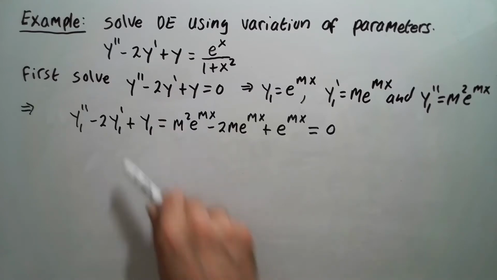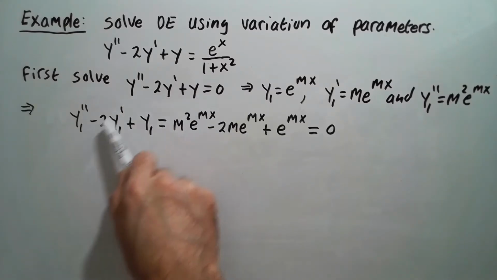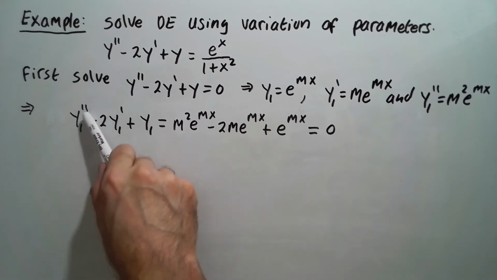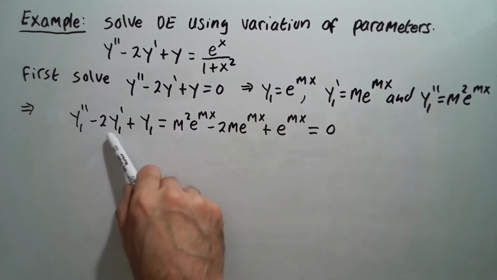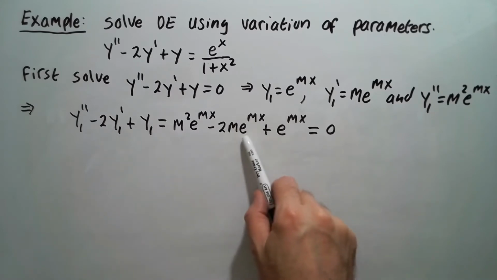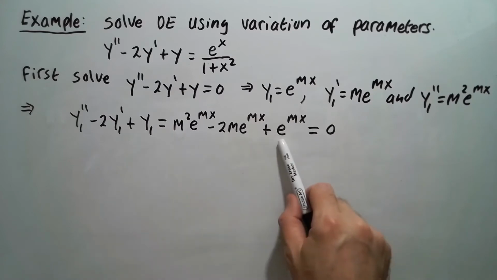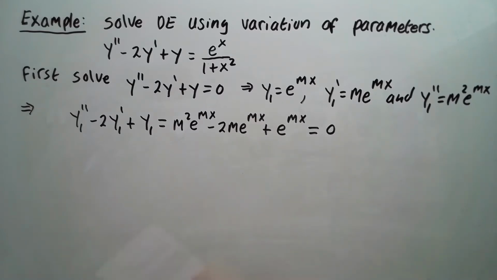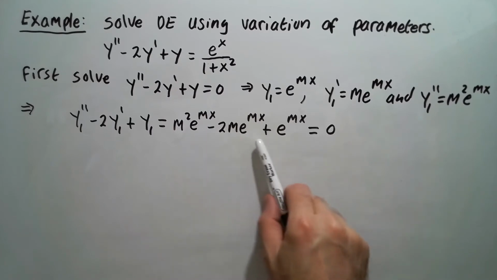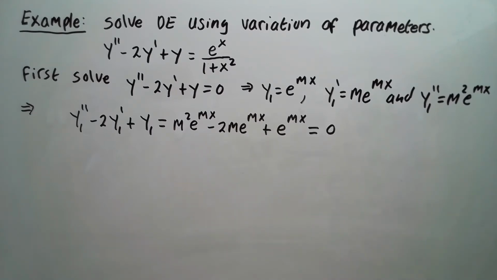Okay, so plugging into the differential equation, putting in y1, we'll have y1 double prime is m squared e to the mx, then minus 2 y1 prime, so minus 2 m e to the mx, then plus y1, e to the mx. Okay, then we're going to factor the e to the mx out on the left hand side.